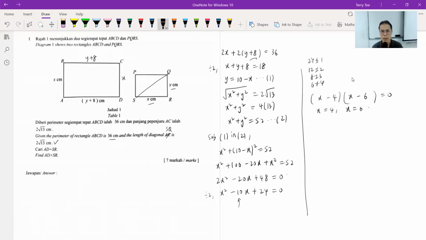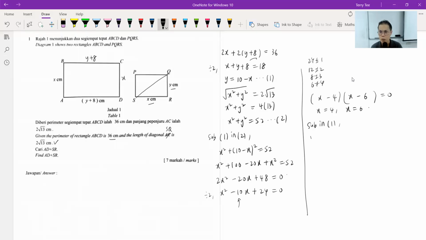Okay, the next question is, which answer should I use? I got 2 answers for x and y, so we don't know, right? We have to substitute into equation number 1 and see which one gives us the correct value. 6 and 4 gives us 10. Correct.